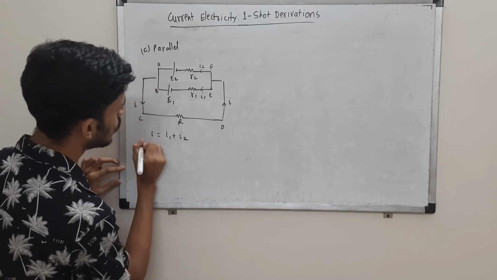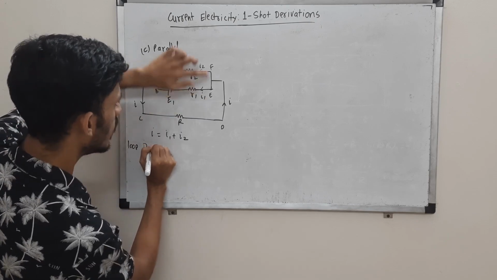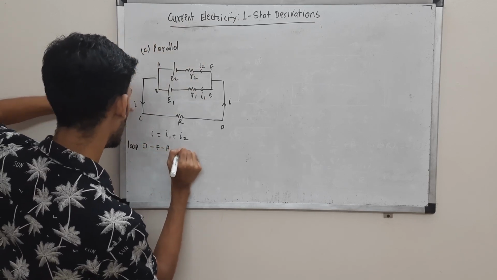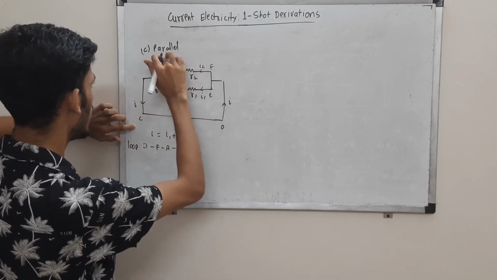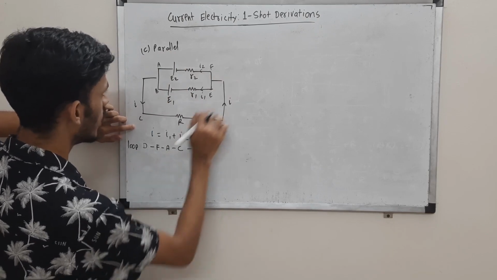So let us first choose a loop D F A C D. Let's start from D to F, nothing is there.